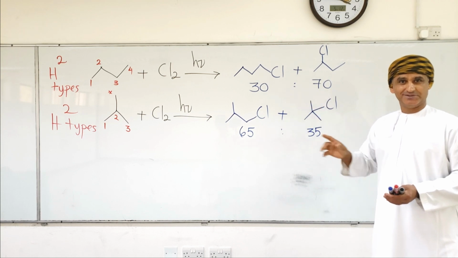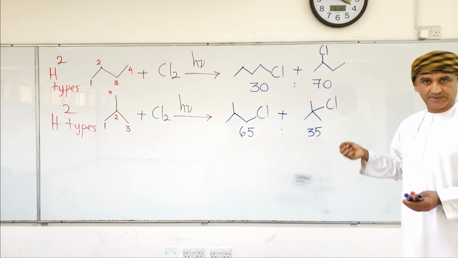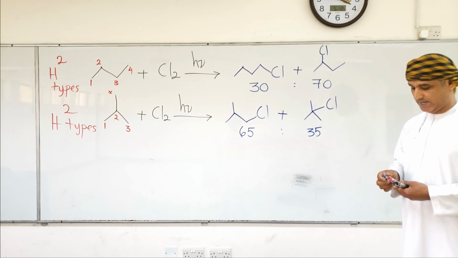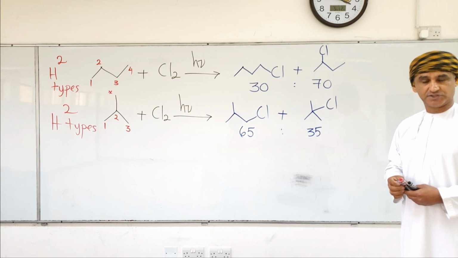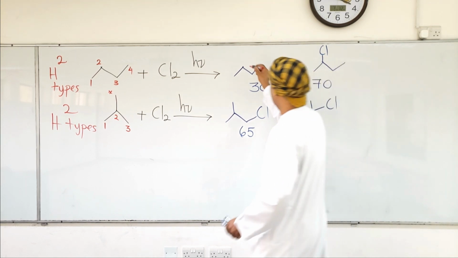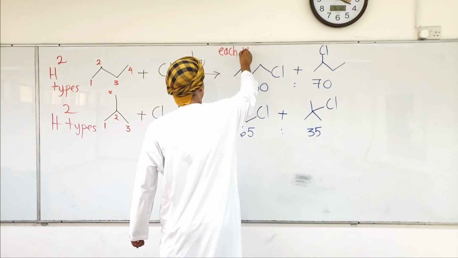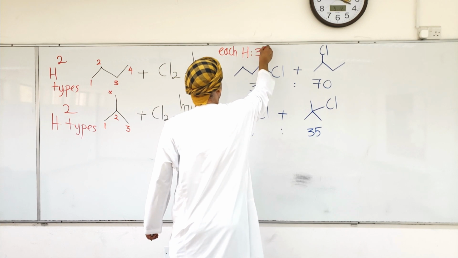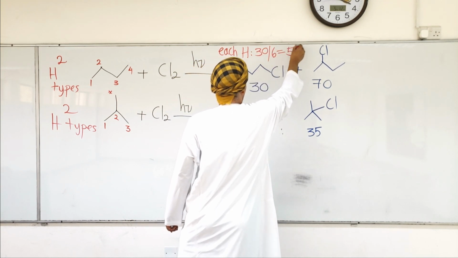So what would be the contribution of a single hydrogen? Therefore, we should divide 30 by 6 to get the contribution of one hydrogen. So in this case, each hydrogen here contributed 30 by 6, and that is 5%.